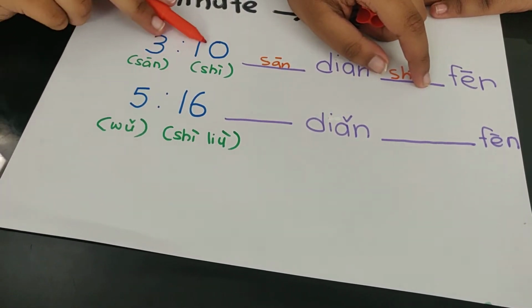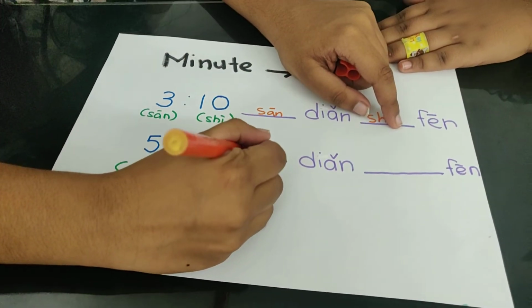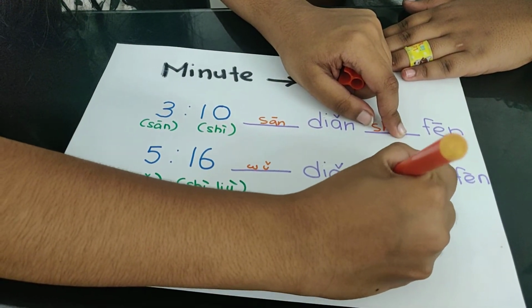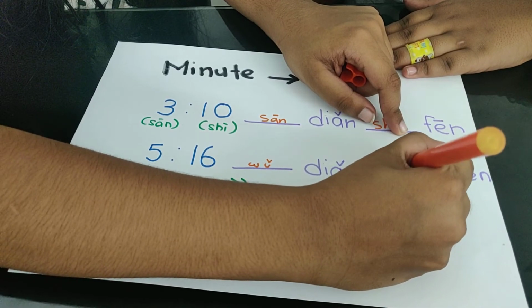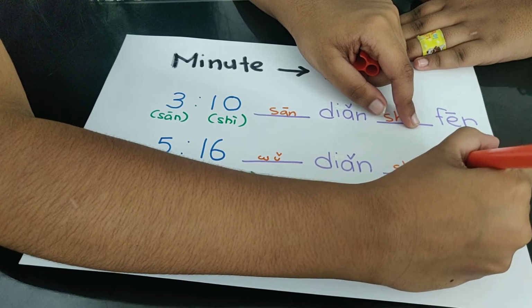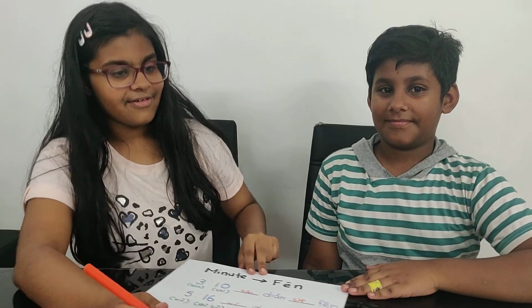So here is this minute hand and here is the hour hand. So here is wu dian, then shi liu fen. I hope you learned something in this video.